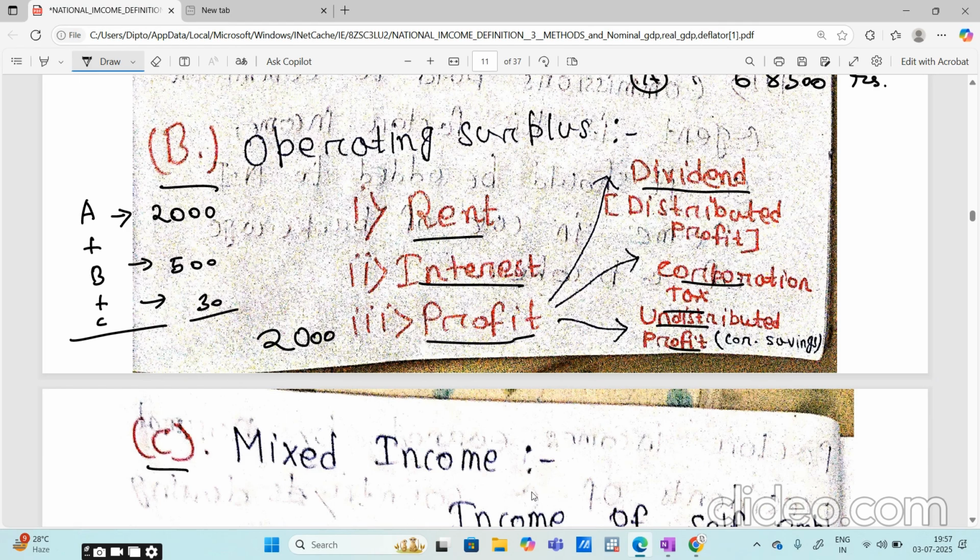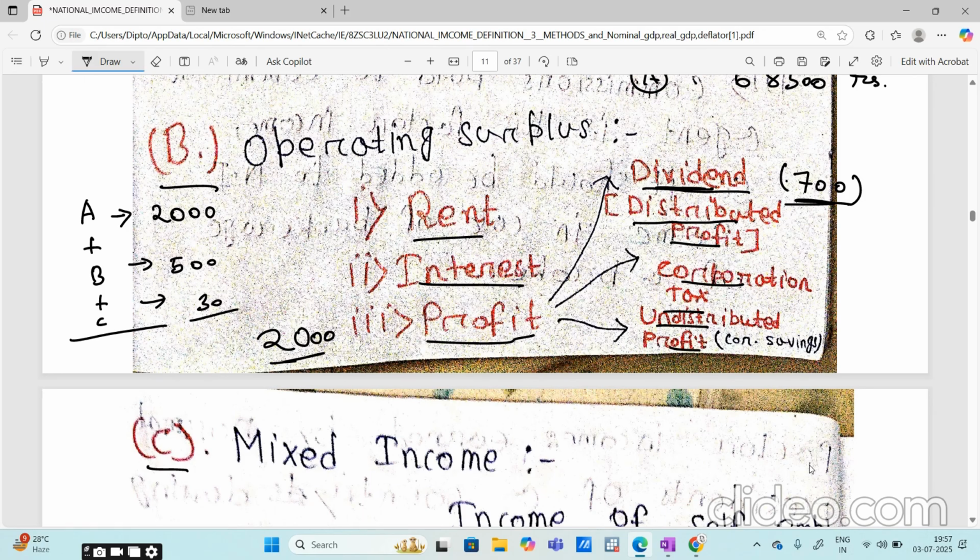Now out of this 2,000 rupees profit, suppose they are giving 700 rupees to the employees who are working for the company. So they have distributed this profit to the employees working for their company. That 700 rupees is dividend, which is also known as distributed profit, distributed among all the employees. Now the company made a profit of 2,000 rupees.